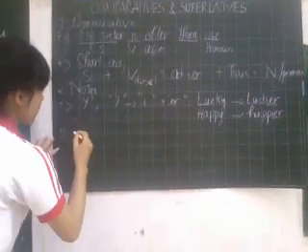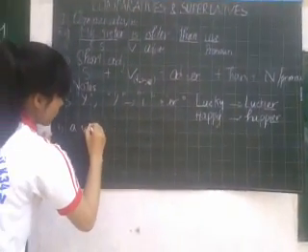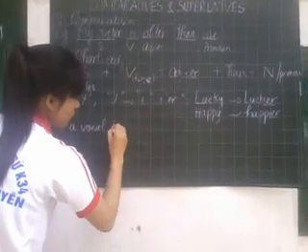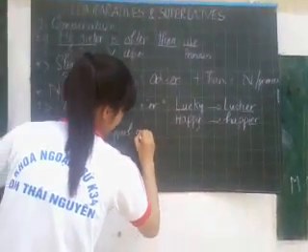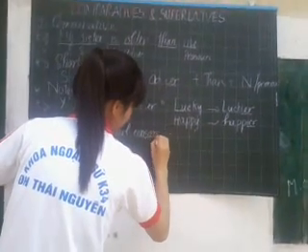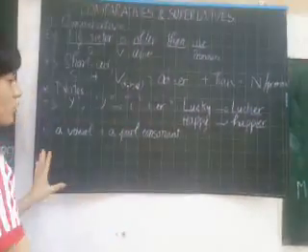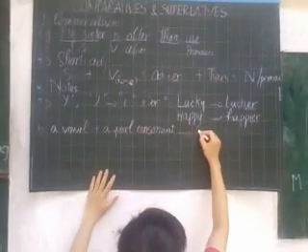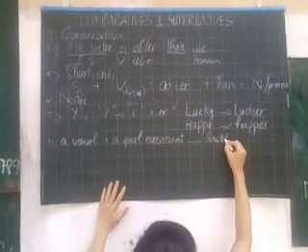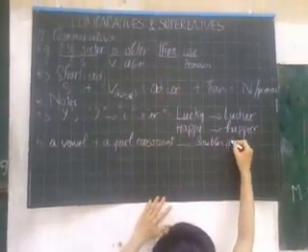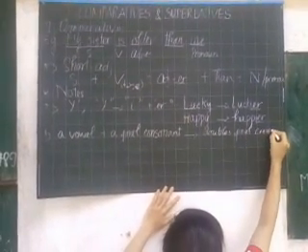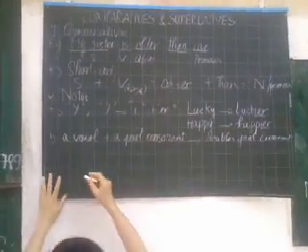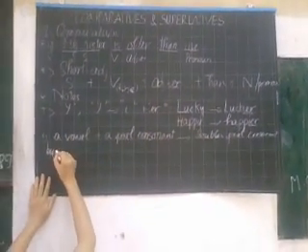Secondly, when adjectives have a vowel and a final consonant, we have to double the final consonant before adding er.